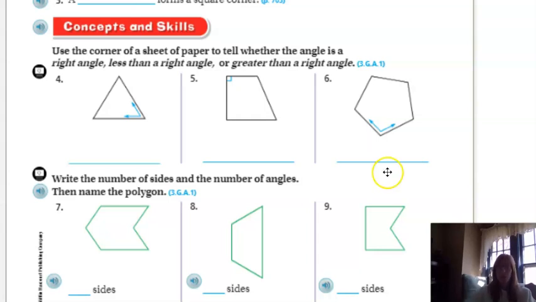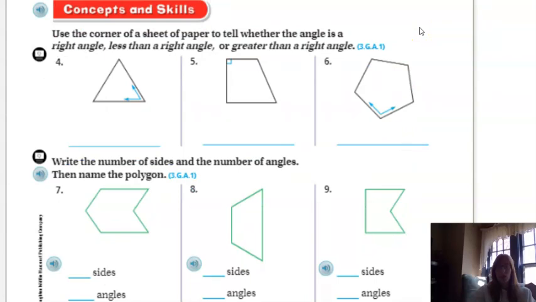Take a moment, pause the video, and decide what kind of angle 4, 5, and 6 are. Okay, so you can tell this one is inside of a 90-degree angle, so that's an acute angle.